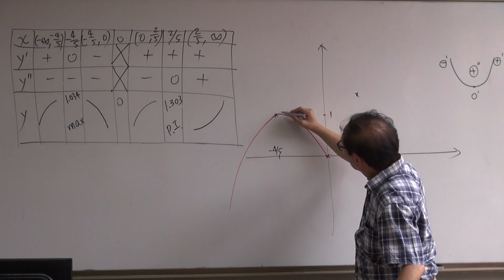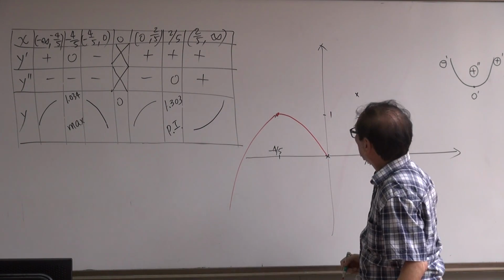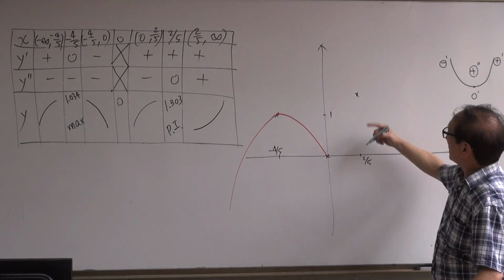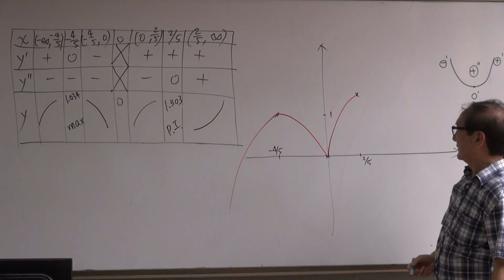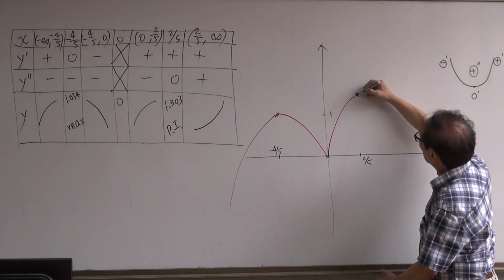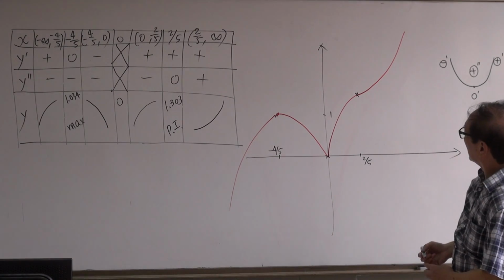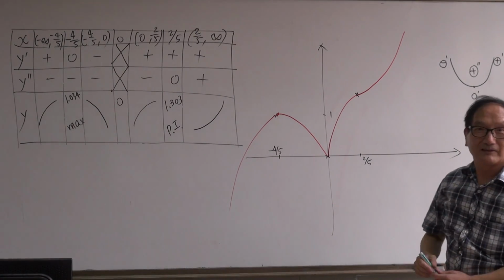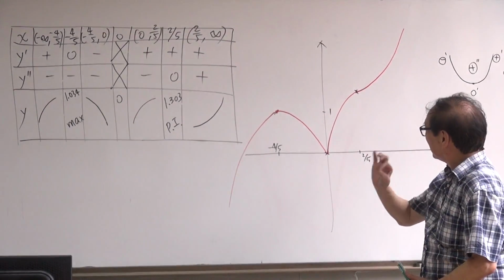Well, it has to be here. This is the maximum. Then it changes shape into this. Then the point of inflection. Wow. Nice curve. Very good.